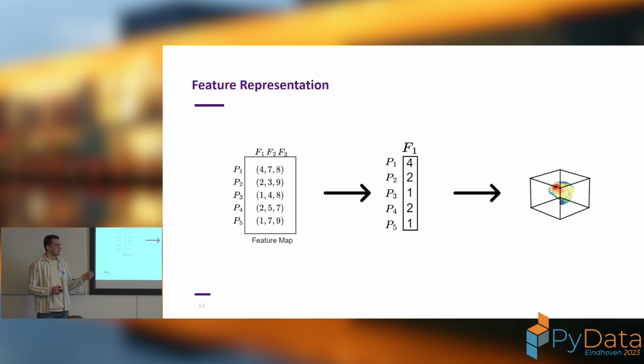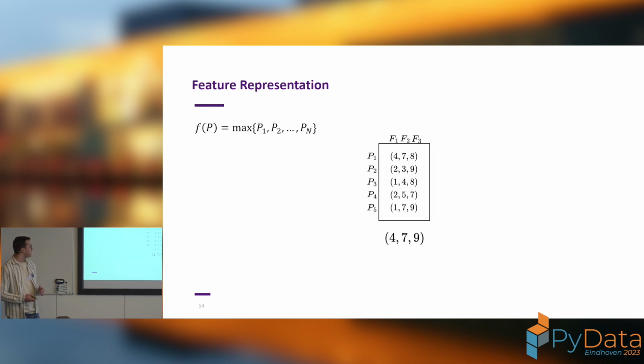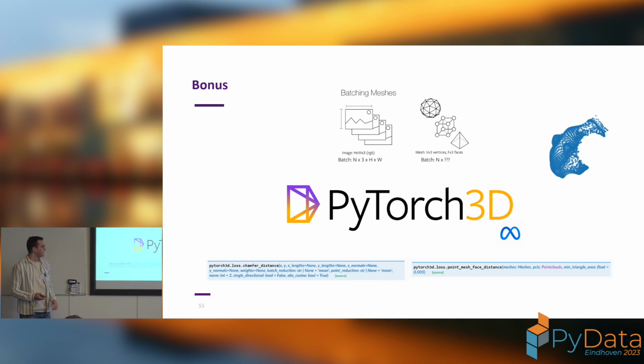When you combine this with a network, it really focuses on areas that are useful and helpful for your task, for example classification, but it could also be forecasting. So this is in short what this feature representation looks like. This is how you would apply such a maximum, but I think everybody knows how to take the maximum, so we don't have to spend too much time on that.